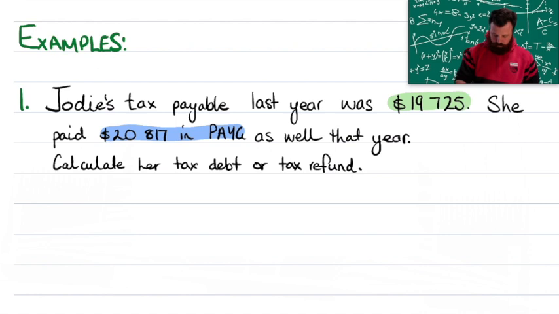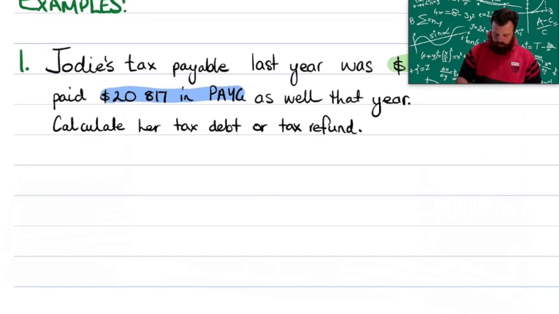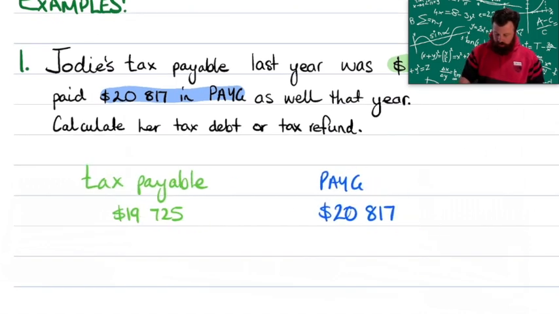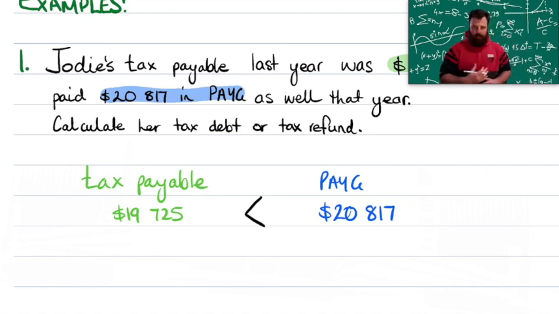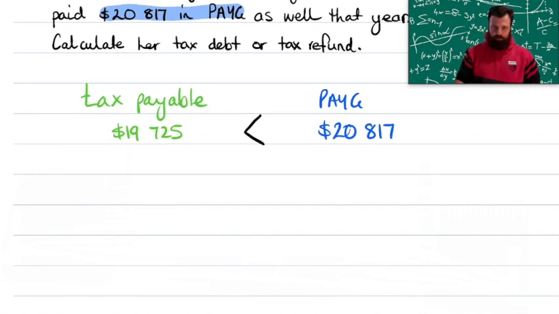So if we get that written down, we need to think, which one's bigger than the other? What we can see here is that the tax payable is less than the PAYG. So that means she's already paid $20,000 to the Australian Tax Office when she should have only paid $19,000. So the difference between those two, Jodie's going to receive back. So Jodie is going to get a tax refund in this situation.